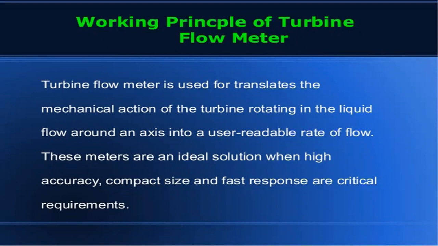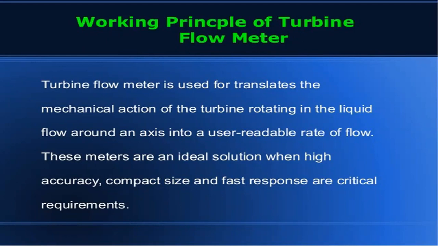The working principle is that the turbine flow meter translates the mechanical action of the turbine rotating in the liquid. One turbine is placed in the turbine flow meter. The flow runs through the pipe, and the turbine rotates based on the turbine vanes. It gives a user readable rate of flow.